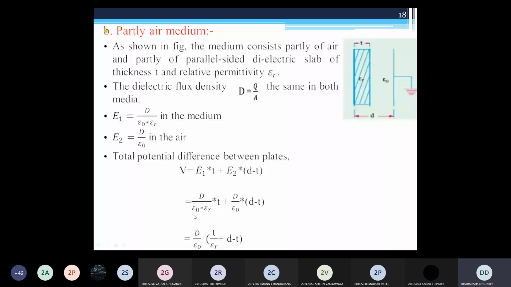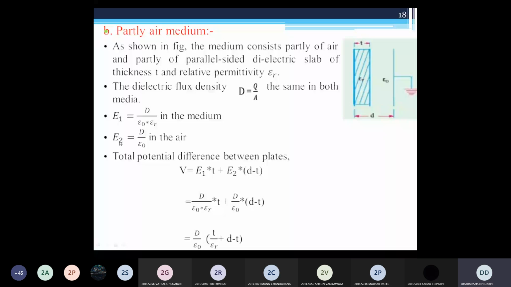So V, the potential difference between the two plates, is equal to E1, the electric field strength of this insulating material, into the thickness of the insulating material, T. So E1 into T, plus the electric field intensity in air, E2, into the distance from this point to this point.